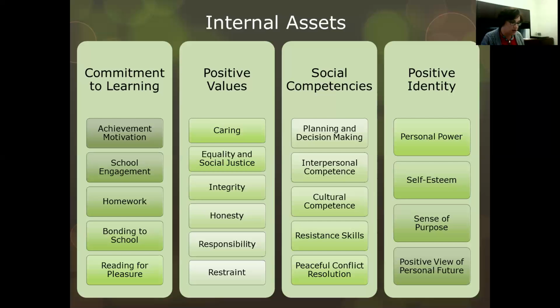Integrity: the young person acts on convictions and stands up for his or her beliefs. Honesty: a young person tells the truth even when it's not easy. Responsibility: the young person accepts and takes personal responsibility. And restraint: the young person believes it's important not to be sexually active or use alcohol or other drugs.